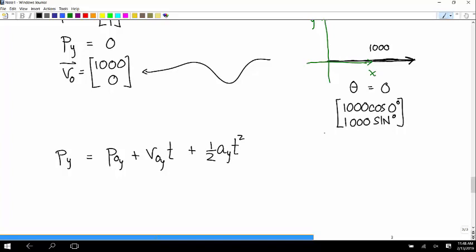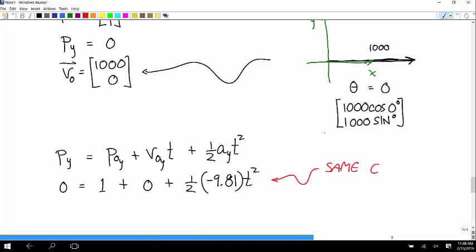And now plug in the values. So 0 is equal to 1 plus V 0 y is 0 plus 1/2 times negative 9.81 times t squared.